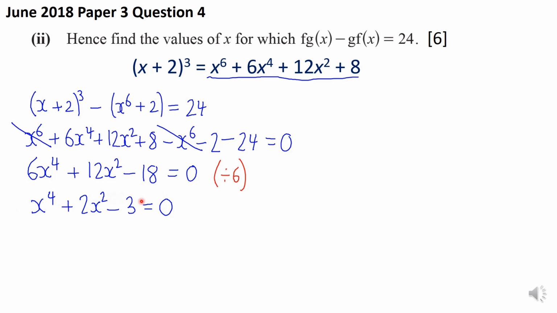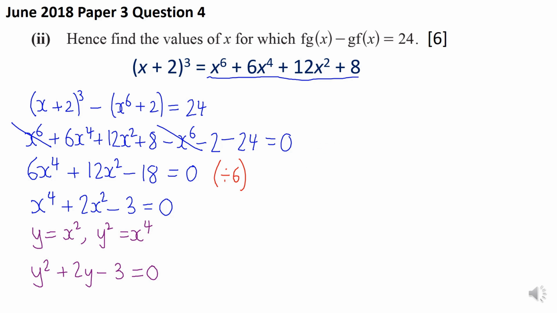This is in fact a disguised quadratic, and we can see it more clearly if we make a substitution. So y equals x squared, so that y squared equals x to the power of 4. And the equation becomes y squared plus 2y minus 3 is 0. I will move over to the right now.